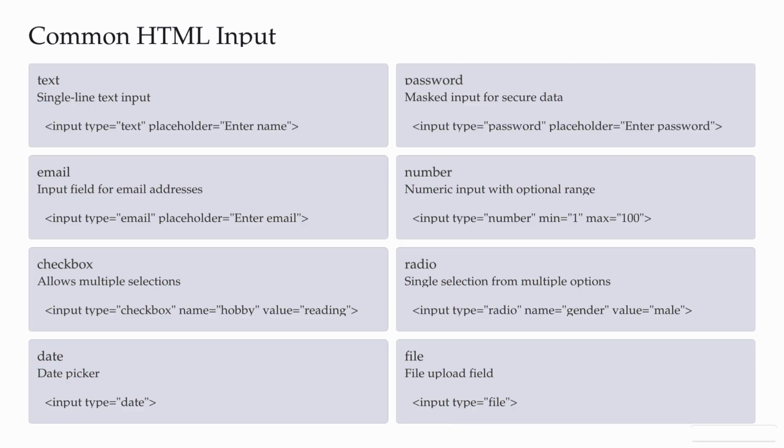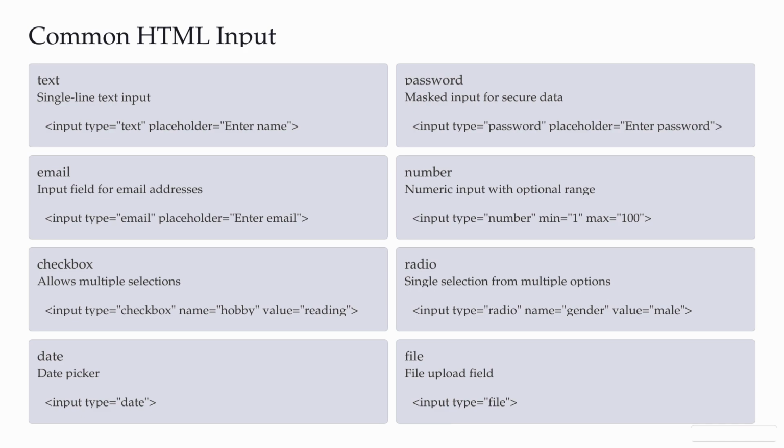Common HTML input types. Text: single line text input, input type equals text, placeholder equals enter name. Password: masked input for secure data, input type equals password, placeholder equals enter password. Email: input field for email addresses, input type equals email, placeholder equals enter email. Number: numeric input with optional range, input type equals number, min equals 1, max equals 100.